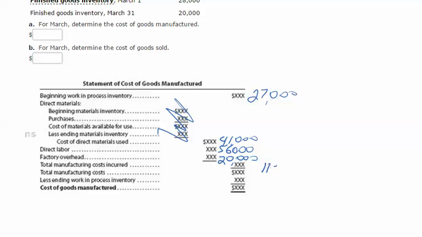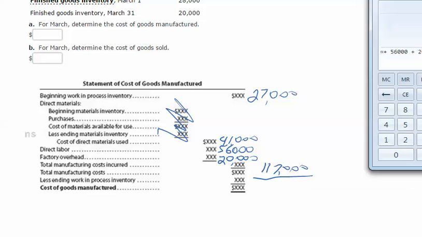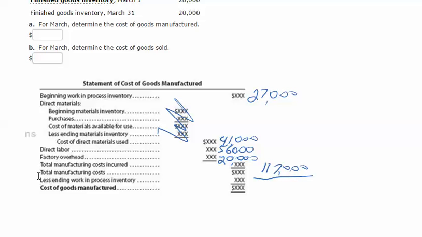I'll write that in. I will add that to my beginning work in process, 27,000. So I have 144,000, which is the total manufacturing cost of 144,000.